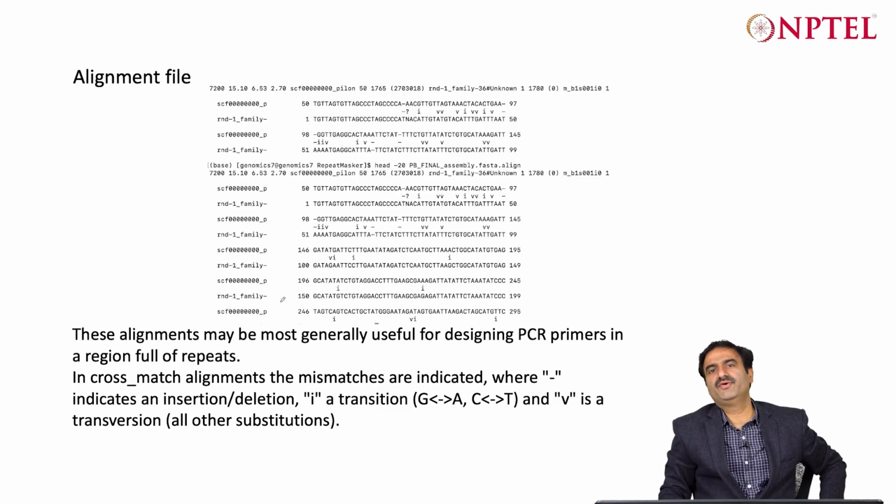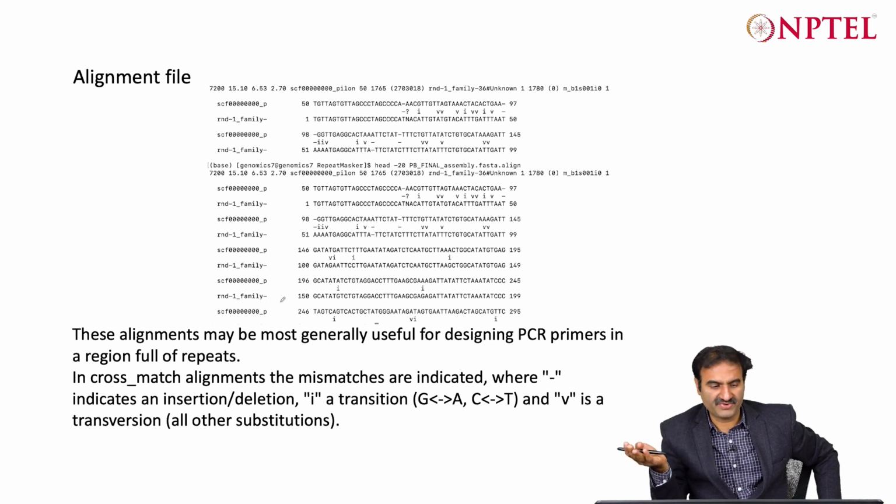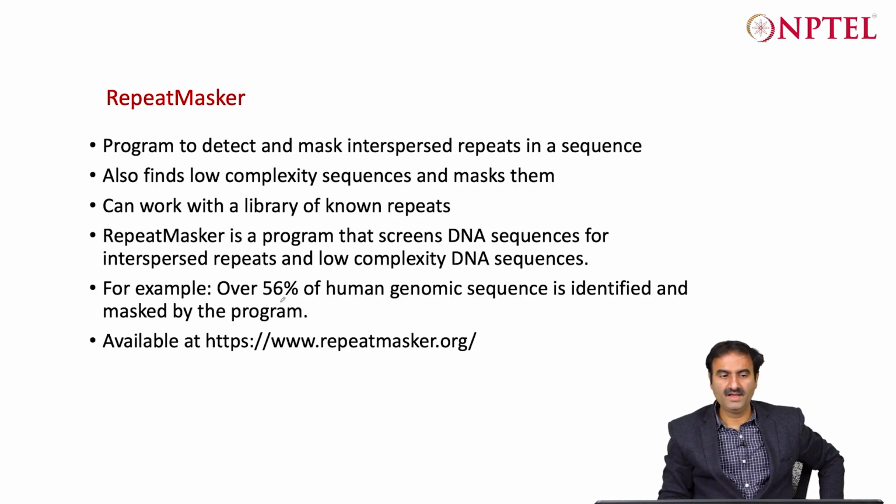Okay, it also gives you an alignment file of the repeat and the genome, so that you can use that to design primers for the regions which are non-matching with the repeat, so that you can amplify those regions for further experimental or computational analysis, right.